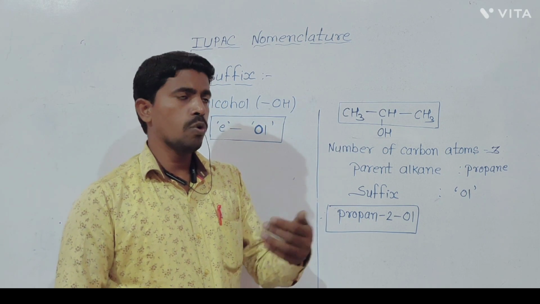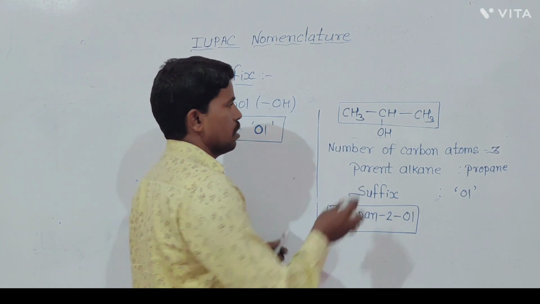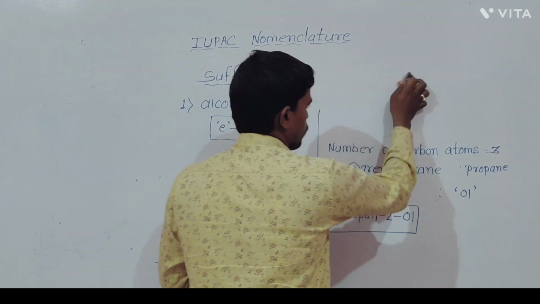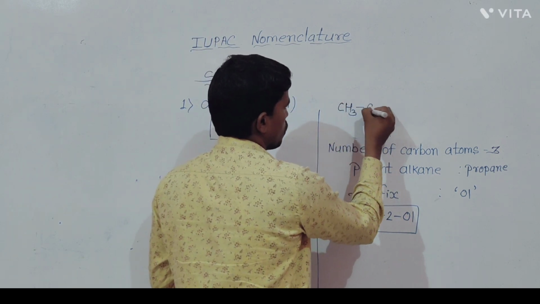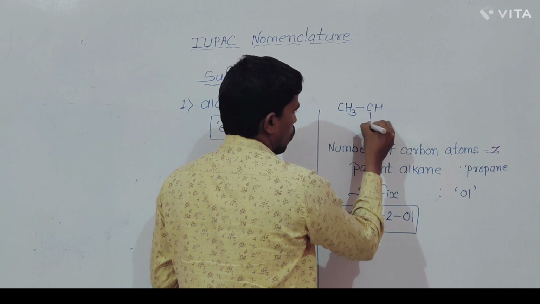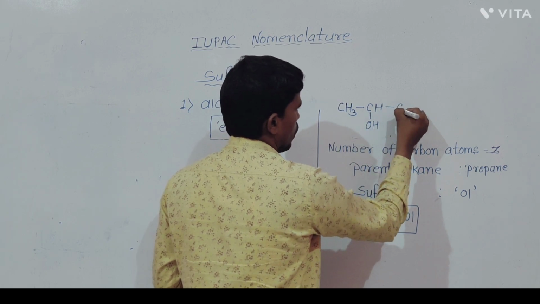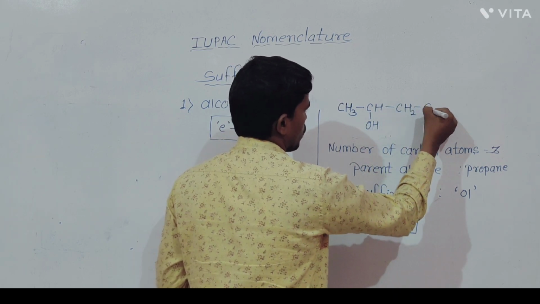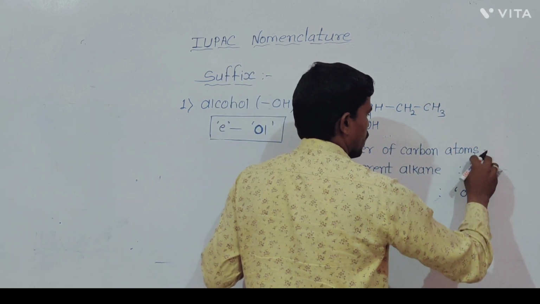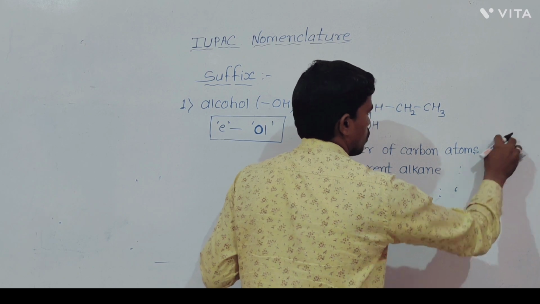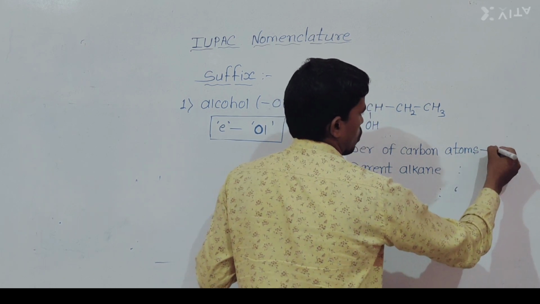We will see one more example of alcohol. For example, here CH3, CH, OH, CH2, CH3. The number of carbon atoms in the chain is 4.